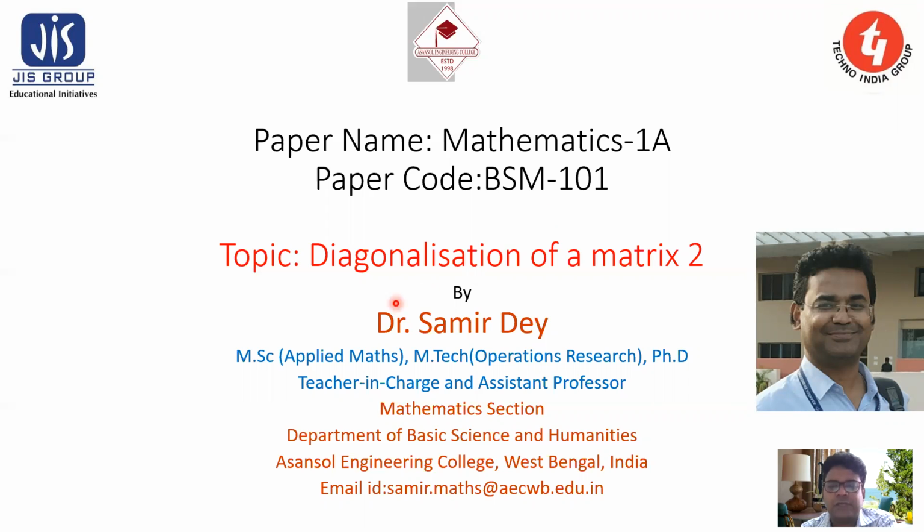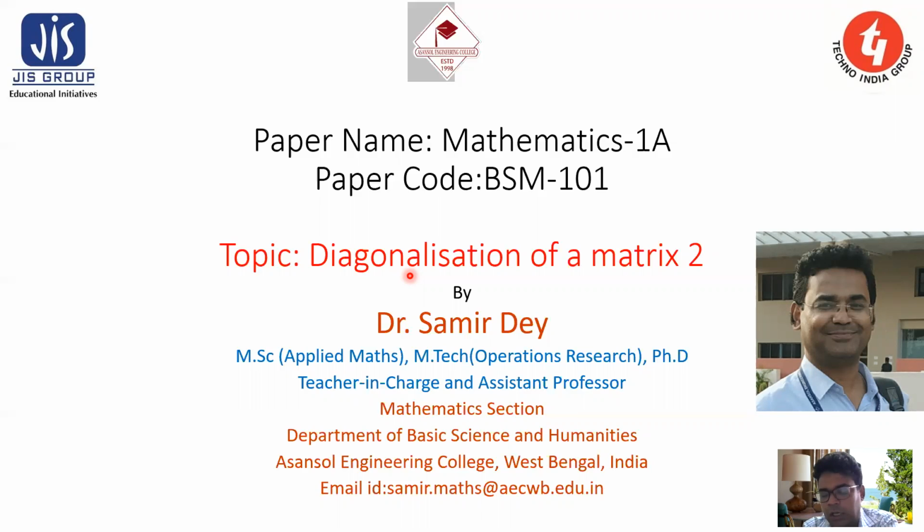In my first lecture on diagonalization of a matrix, I had discussed similar matrices and the conditions by which we can say the corresponding matrix is diagonalizable. Number one: if the eigenvalues are different, then we can say the corresponding matrix is diagonalizable.